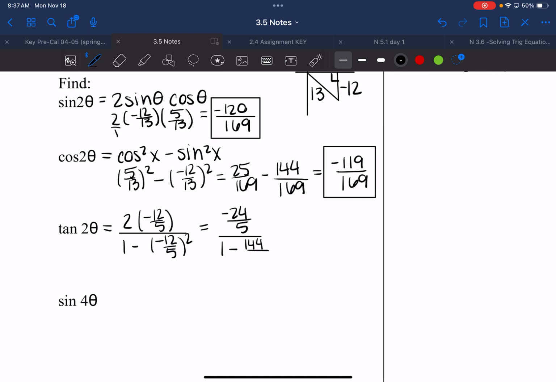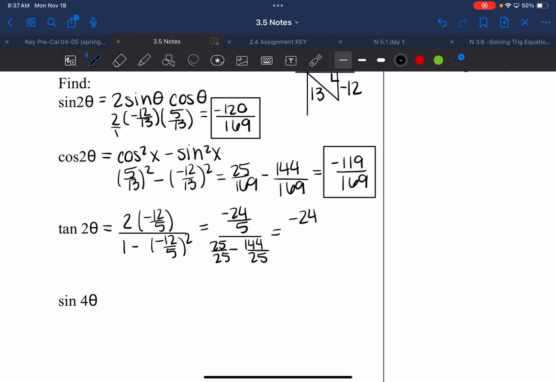And then in the denominator, I'm going to have 1 minus, what is negative 12 over 5 squared? Right. Okay, and if I want to actually subtract those, I have to turn that 1 into what? Right, so I'm going to trade that out so that it'll have that common denominator. So what is 25 minus 144? 119. Right, we just had that.